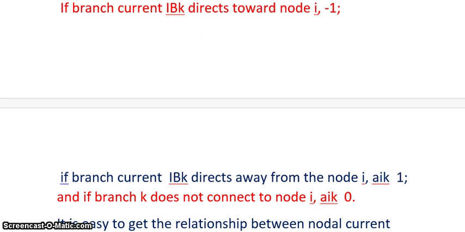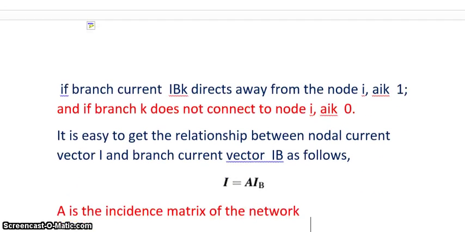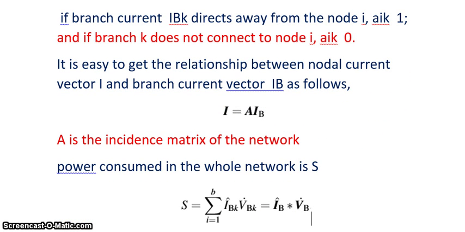If branch current Ibk is directed away from the node, then Aik equals 1. If branch k does not connect to the node, then Aik is 0. It is easy to get the relationship between the nodal current vector I and the branch current vector IB as follows: I equal to A IB, where A is the incidence matrix of the network.